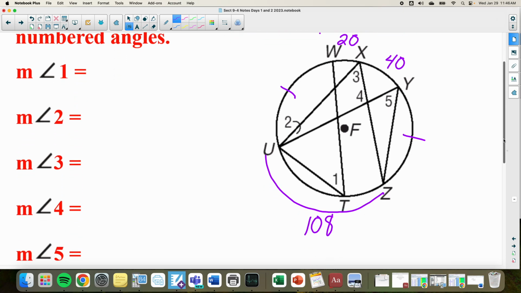So, again, you can think of these two as being X, and we could write an algebra equation, or we could do it in our head. Does anyone know how to do it in your head? So you could add these three together, subtract that from 360.